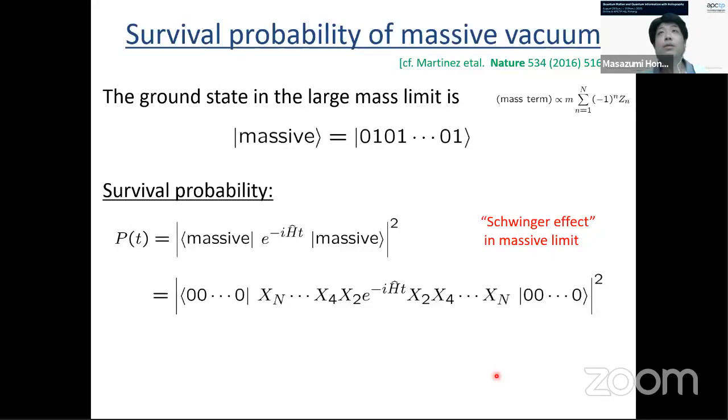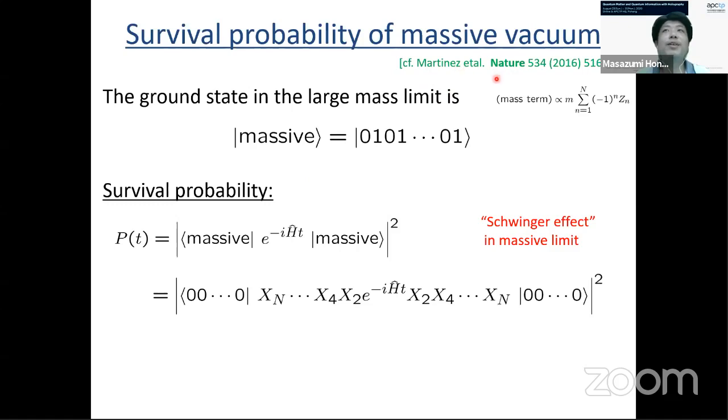And once we construct the time evolution operator, we can study the survival probability of the free vacuum or massive vacuum. Let us consider the ground state in the large mass limit. This is given by 0101. And this problem was studied in this paper.